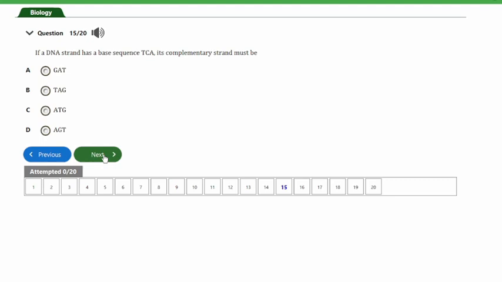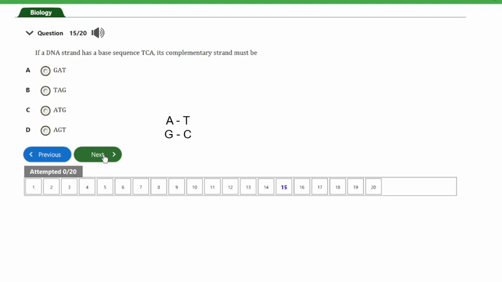So guys, you should always know that in the base pairs, the A pairs with the T and the C pairs with the G. So always take note that we have C pairing with G and A pairing with T. I also like to say AT GC.